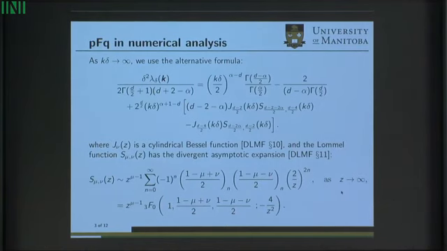And Bessel functions have nice computational software, but Lommel functions don't. But fortunately, we can identify them as a 3F0, so they have a divergent asymptotic expansion. So there you go, 2 different versions of pFq's, and parameters are quite large.